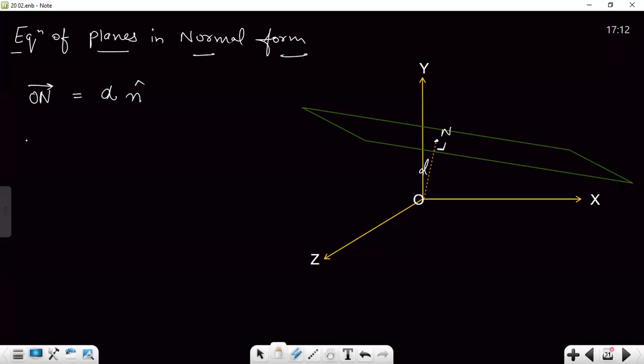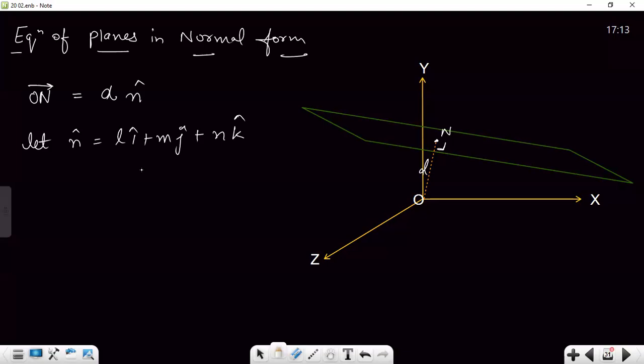So let N cap be l i cap plus m j cap plus n k cap, because as we know, scalar components of a unit vector are direction cosines.